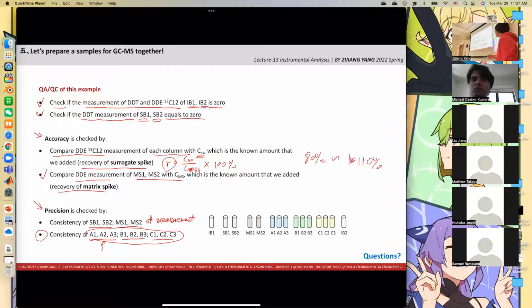If the recovery is within this range, we can say the recovery is good. In general, we usually have a recovery rate smaller than 1 because we have some loss. We will lose some of our samples during the process, but we usually do not gain chemicals during the process. So the recovery rate is usually smaller than 1. So any more questions?